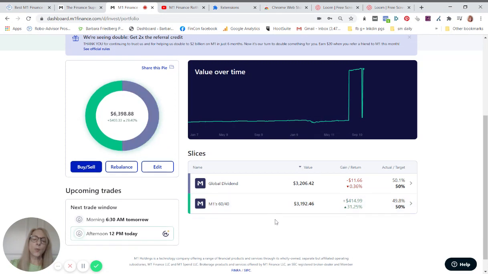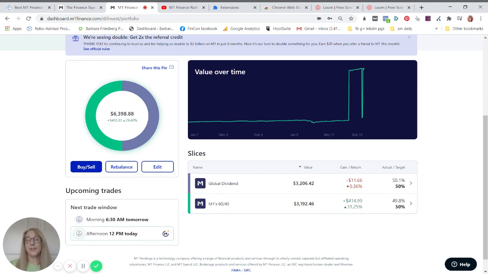Let me tell you why I set up these two portfolios, and actually in M1 Finance, they're called pies. An M1 pie really just means a group of individual investments.